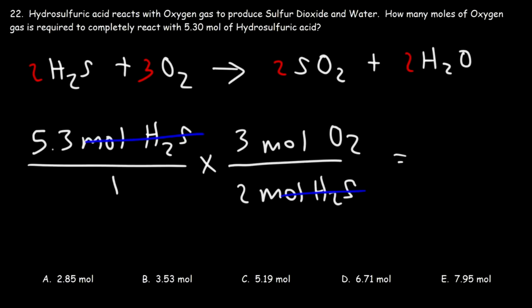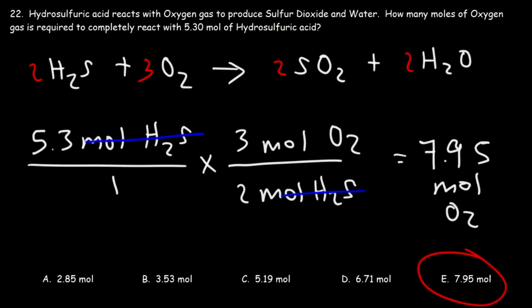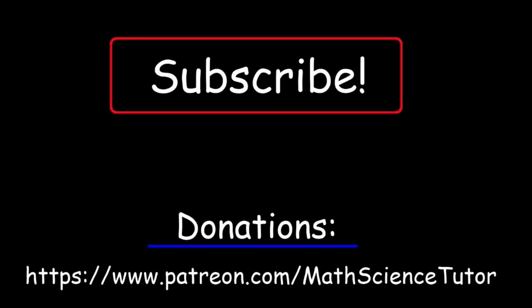So the answer is going to be 5.3 times 3 divided by 2. You need to multiply the numbers on top, divide the ones on the bottom. And so you should get 7.95 moles of O2. So answer choice E is the right answer. That's how many moles of O2 is going to react with that many moles of H2S.